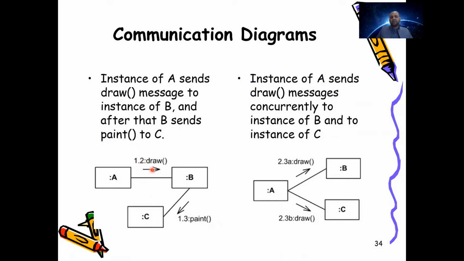It means this message will be sent first. 1.3, this message will be sent later on. Here you can see parallel, it is 2.3a and 2.3b. So it means that two parallel messages are being sent, one to B, one to C from A.